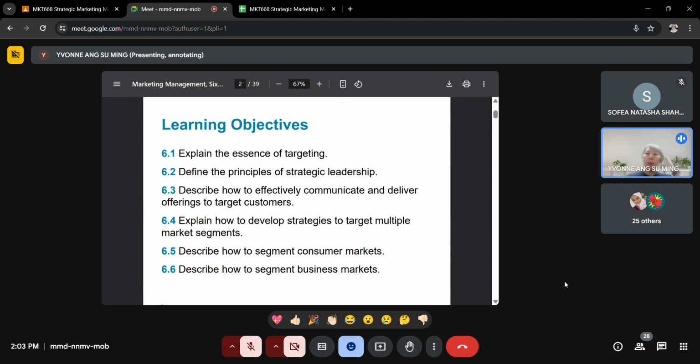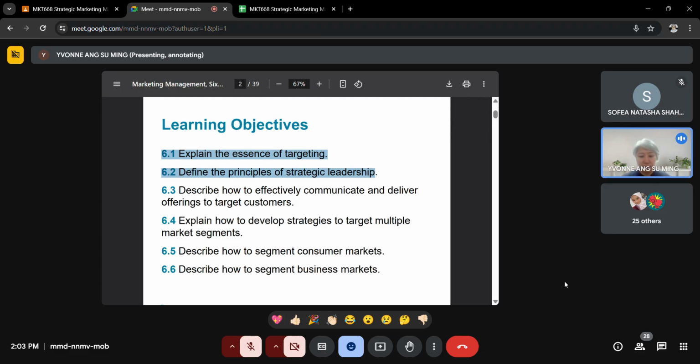So maybe some points of view that you've never considered that way, we will now introduce in this chapter. Okay, so this chapter has got a couple of learning objectives, and we're going to start with these two, 6.1 and also 6.2, where we will look at what targeting actually is.